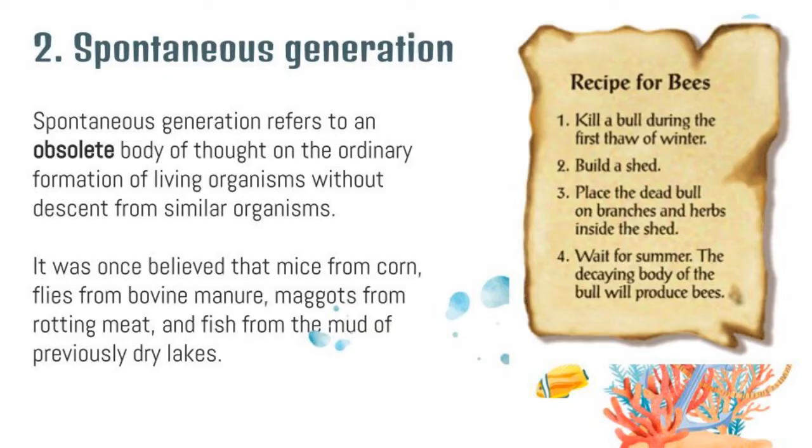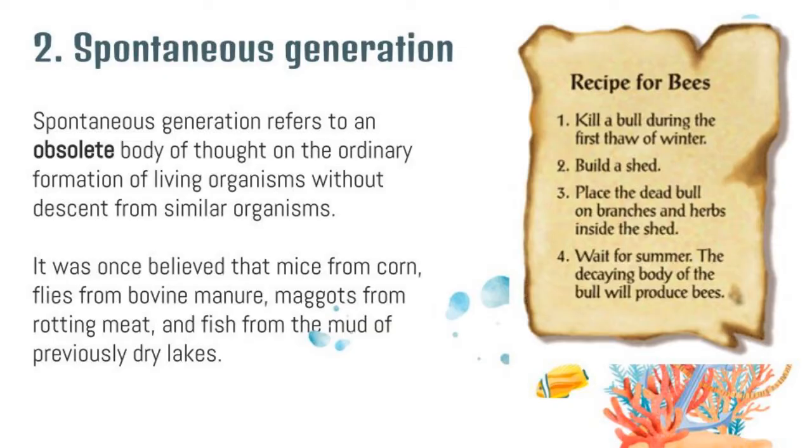Spontaneous generation refers to the formation of living things without descent, without coming from similar organisms, without having descended from parents. So people in the past, before the scientific revolution, before the Enlightenment, once believed that mice come from corn, flies come from bovine manure, maggots come from rotting meat, and fish from the mud of previously dry lakes.